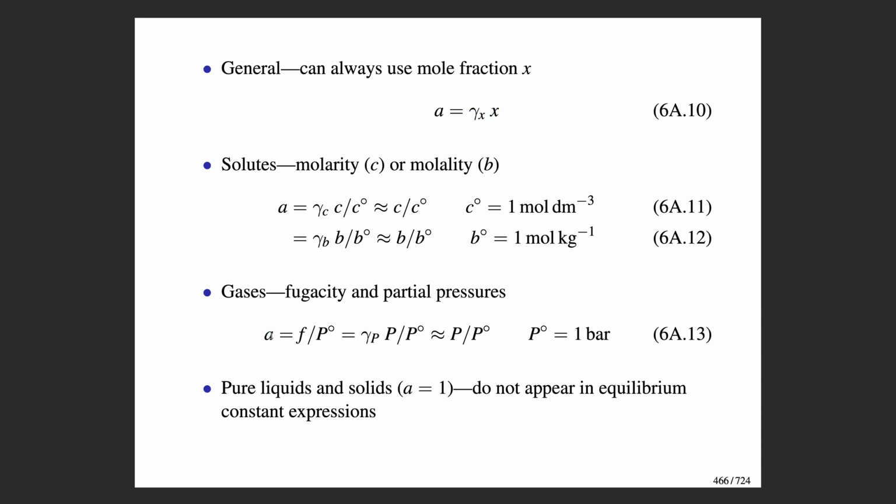The fugacity is an effective pressure multiplied by an activity coefficient. Now, when the gas is behaving ideally, that activity coefficient goes to 1, and then you can use this approximation here, which is what I used in the previous example, and that's what we've taught you how to do in your lower level chemistry classes. The bottom rule here is the definition of the activity for a pure liquid or pure solid.